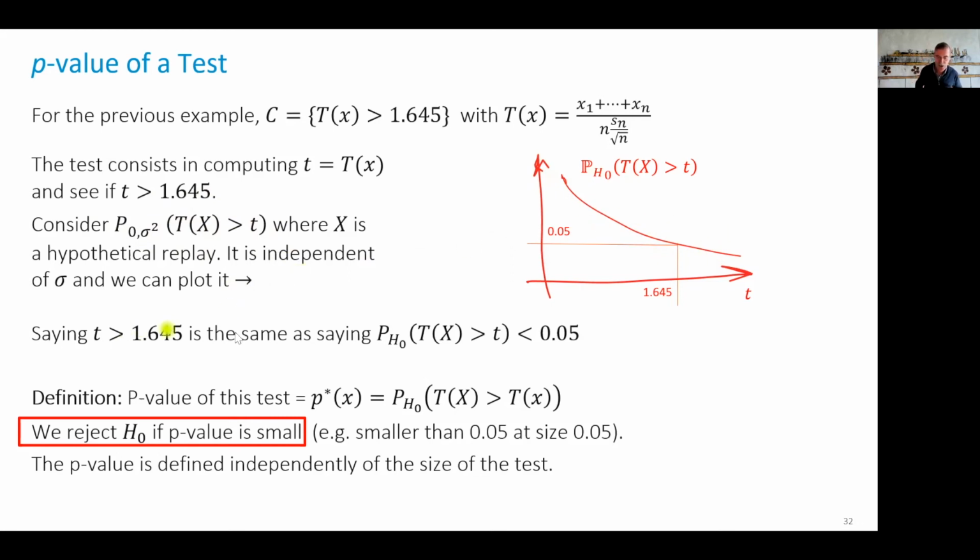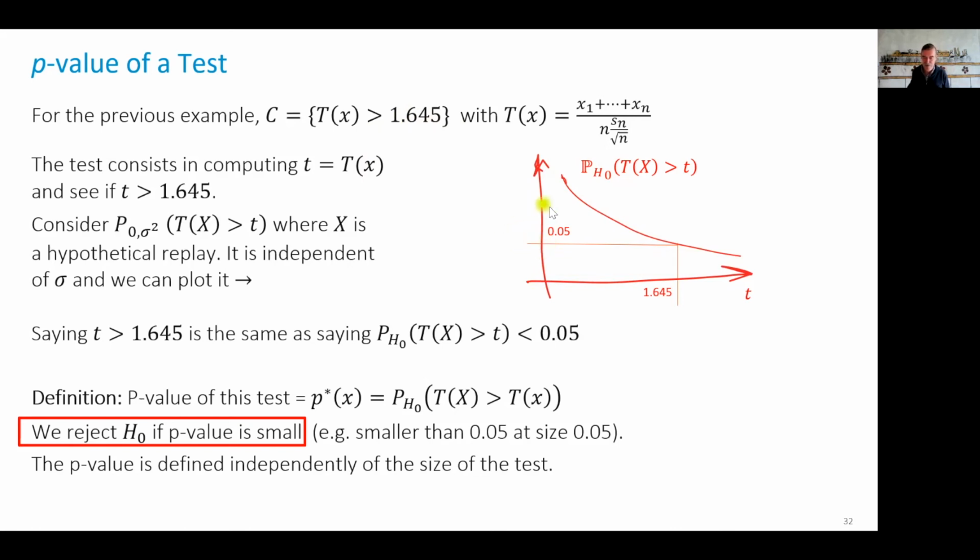And saying that T is larger than the magic value here is the same as saying that on the y-axis we are at or below 0.05, which is the size of the test here. So that's a very complicated way of saying how I computed my test size. The value here, 1.645, was computed from the fact that we wanted 0.05. That's the quiz I asked just before the break.